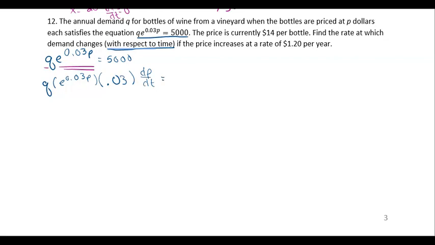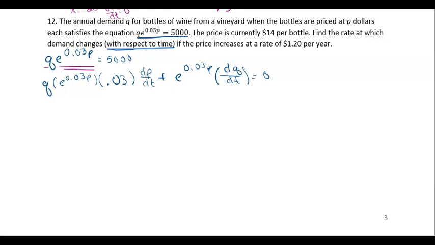First times the derivative of the second plus the second, which is e to the 0.03P, times the derivative of the first. Well, the derivative of the first is the derivative of Q, so that's dQ/dt. Remember, 5,000 is a constant, so its derivative is going to be 0.